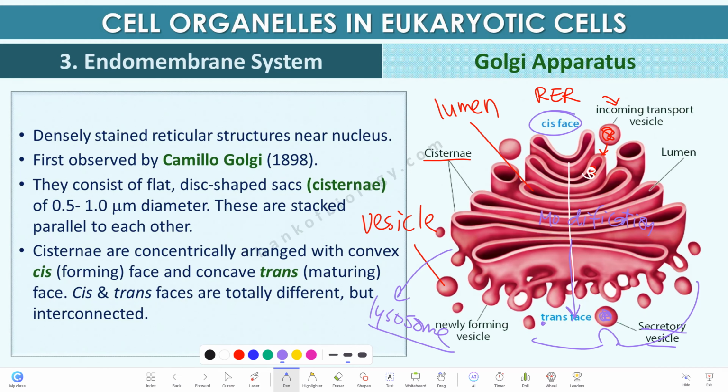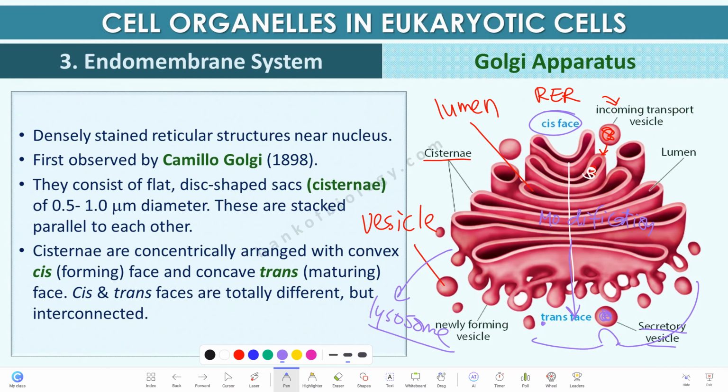What's unique about the cisternae here? Yeah. So not the same shape, not interconnected, but parallel to each other. Space inside. What's the space inside? Lumen. Protein is folded in the lumen, and it comes here through the incoming transport vesicle.